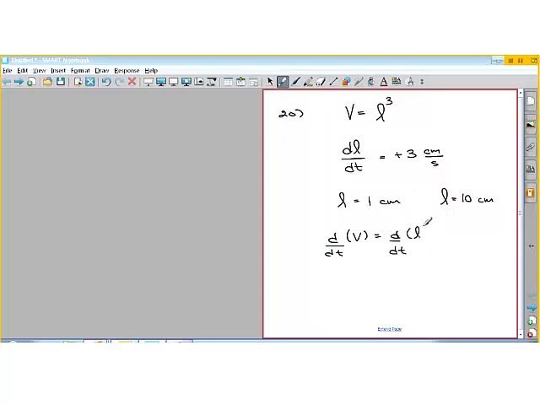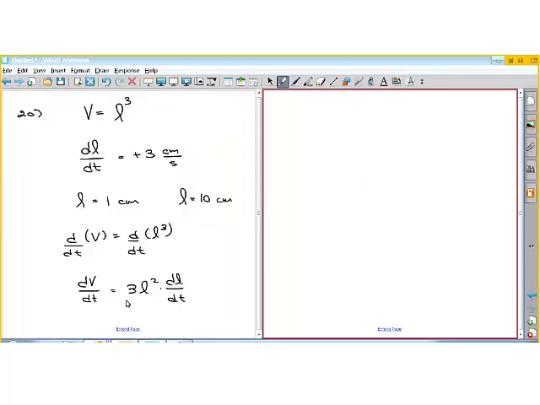Again, because we're taking the derivative with respect to time, and these are length measurements, you have to use implicit differentiation. So you get the rate of change of the volume with respect to time, dV dt, is 3L squared, which is the derivative we normally do as a power, times dL dt. So that's the expression. We need L and we need dL dt. Well, we have dL dt and we have L, so we just plug them in there.